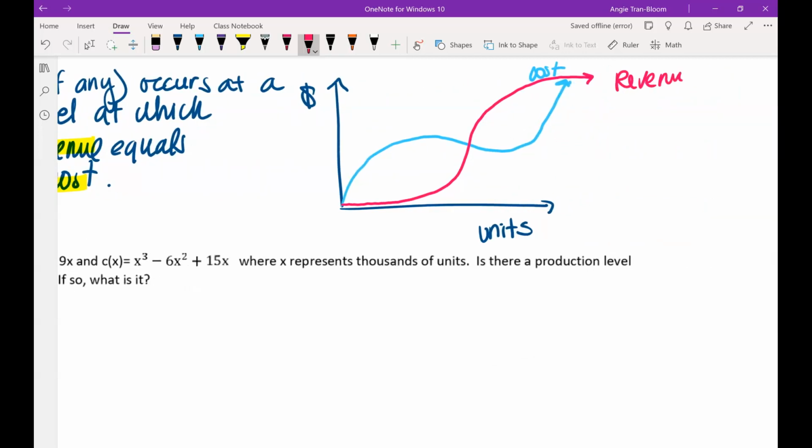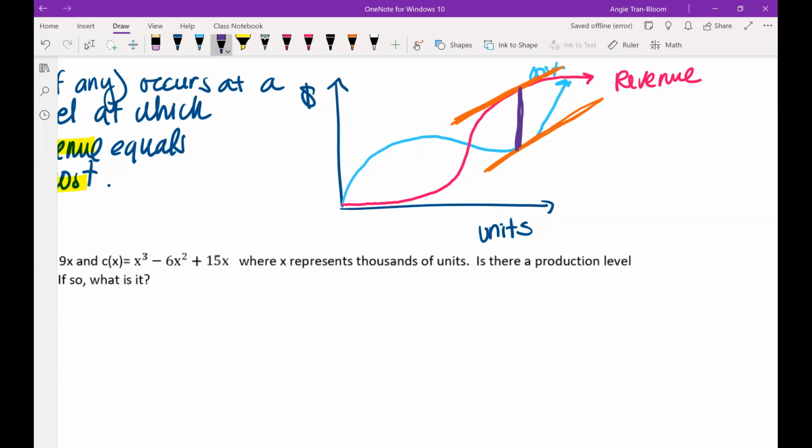So marginal revenue, meaning that you're going to take the derivative, and hopefully I'm sketching this out correctly, at a level where the derivative of these two are equal, then that's when you're going to make the most money. So here is when you're going to make the most money, right?